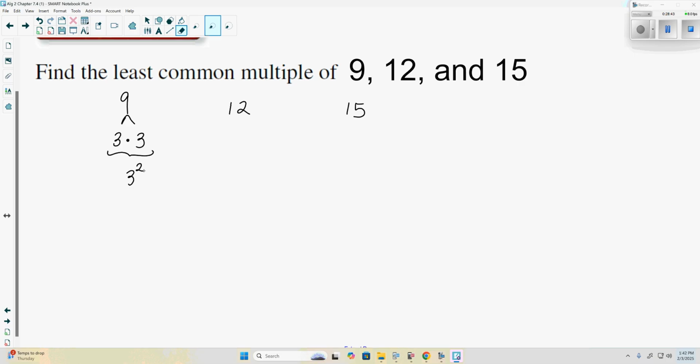Well, 9 is 3 times 3, 3 squared. 12, we can start with 2 times 6. 6 would be 2 times 3. So 2 times 2 would be 2 squared, times our 3 would give us 12. 15, 2 is not a factor, but we do have 3 and 5.